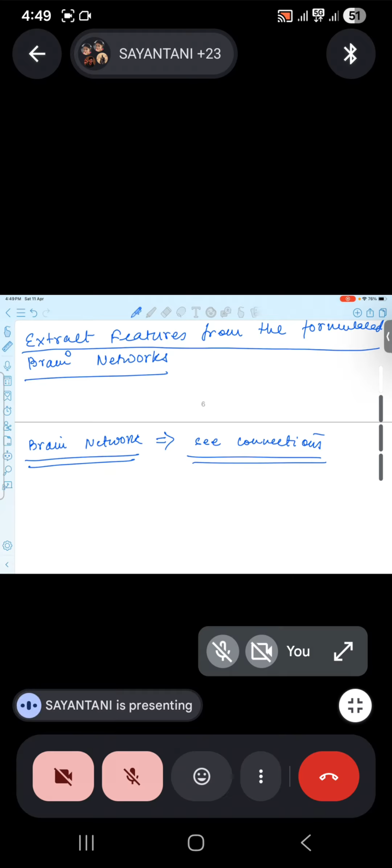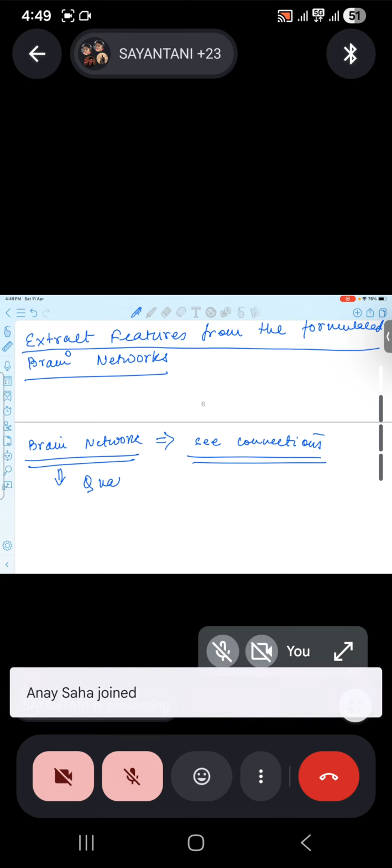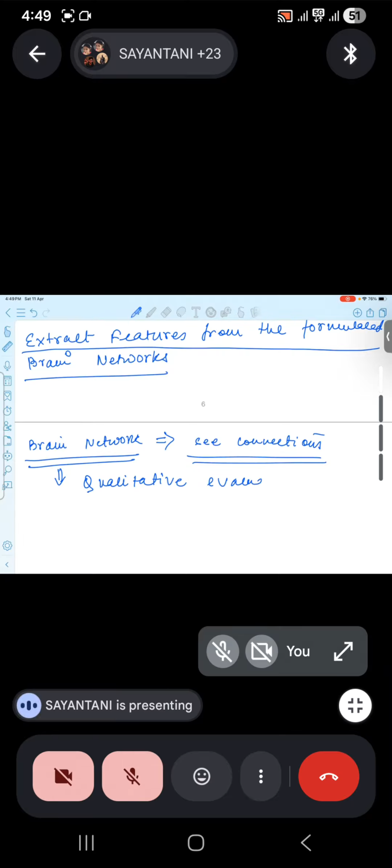But from here, you can only have a qualitative evaluation. That means just looking at the connections, you can say, fine, these nodes have a lot of links, these nodes may have a small number of links. So you can have just a brief qualitative evaluation of your brain networks.